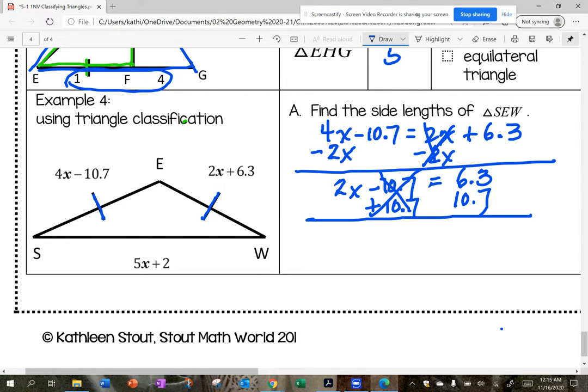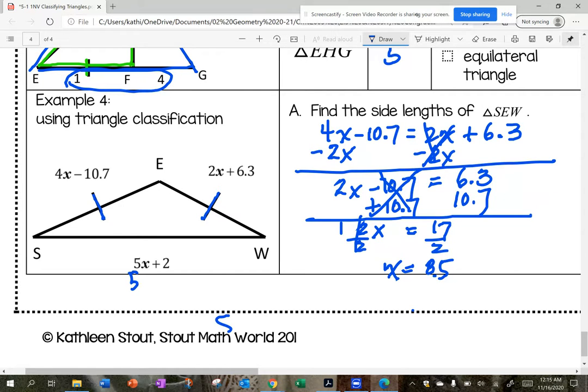I get 2x equals 17. I'm going to divide by the coefficient next to the variable. So I get x equals 8.5. So it's asking me to find the sides of the triangle. So now I'm going to substitute.